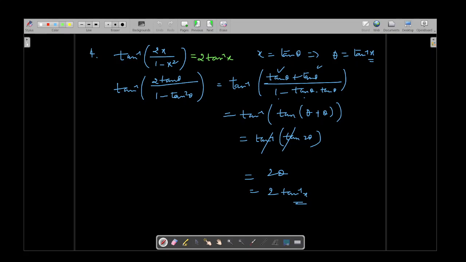Now let's take this, my fifth one. What is the value of sine inverse of 3x minus 4x cube? We can clearly see it is 3 sine theta minus 4 sine cube theta, which is sine 3 theta. So I'll put x is equal to sine theta, and I'll get theta is equal to sine inverse of x.